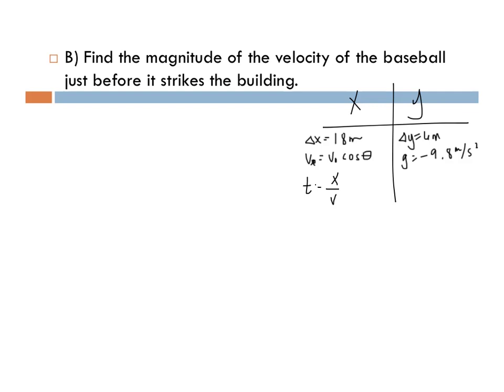We now know that the velocity is 15.9, or our v naught is 15.9. So that becomes t is equal to 18 divided by 15.9 times the cosine of 60. So the time at which it strikes is 2.26 seconds.